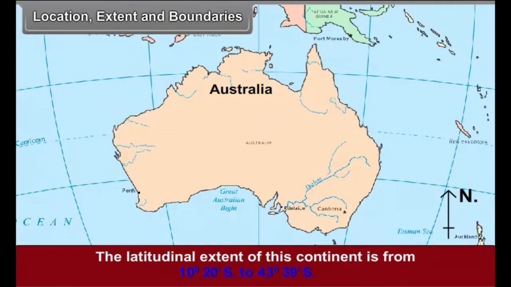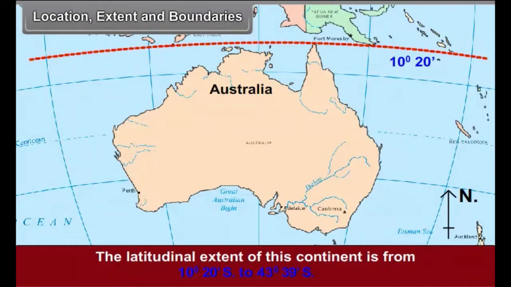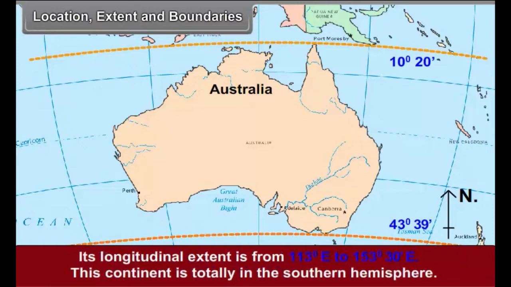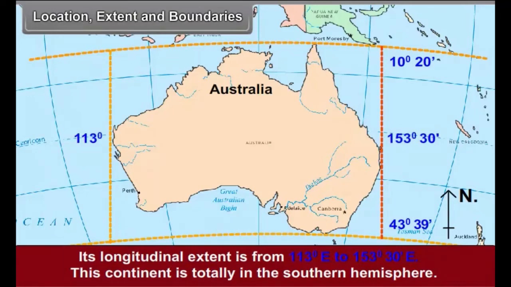Location, extent and boundaries. The latitudinal extent of this continent is from 10 degrees 20 seconds south to 43 degrees 39 seconds south. Its longitudinal extent is from 113 degrees east to 153 degrees 30 seconds east.